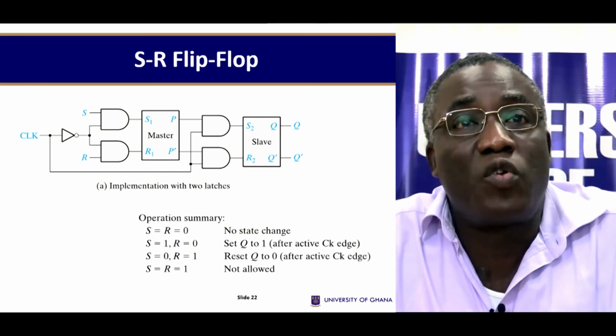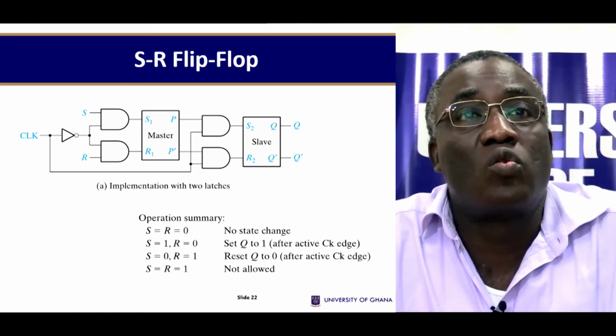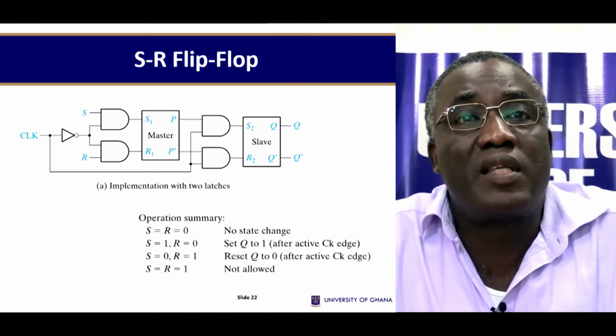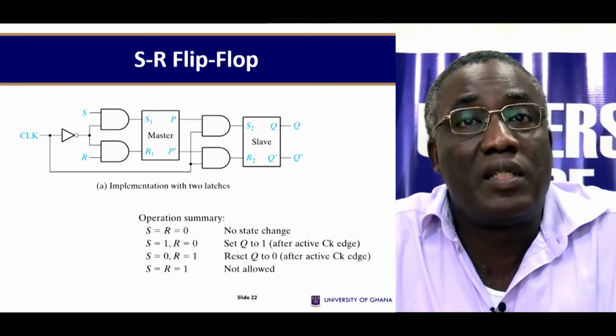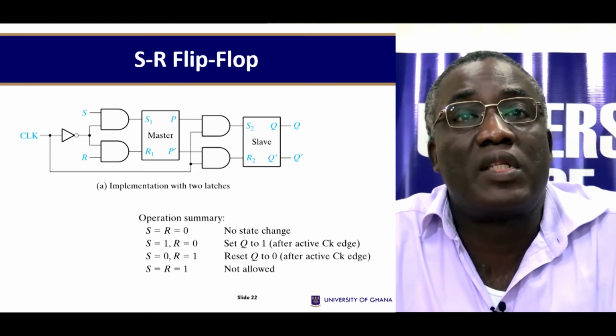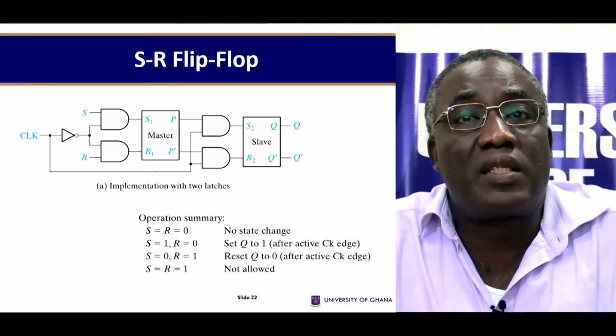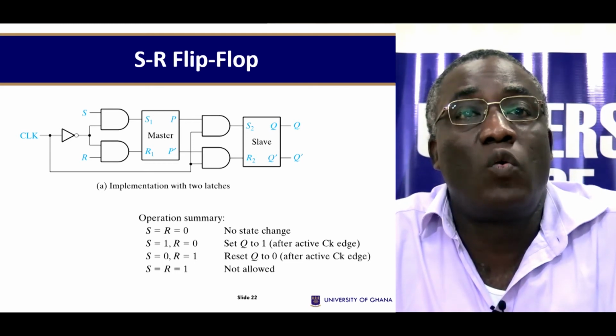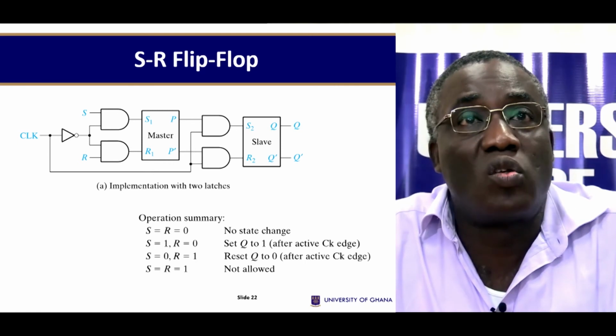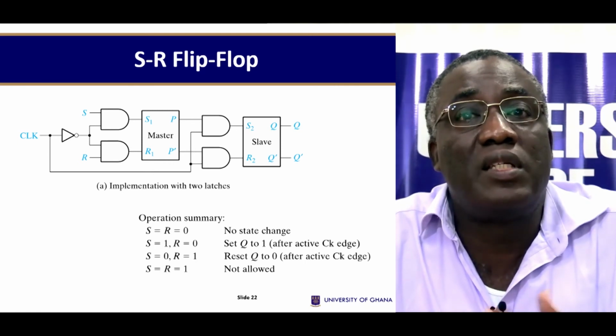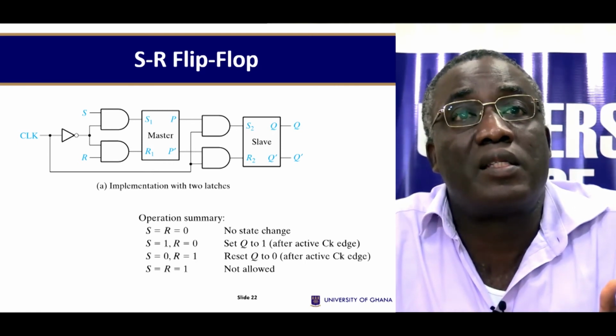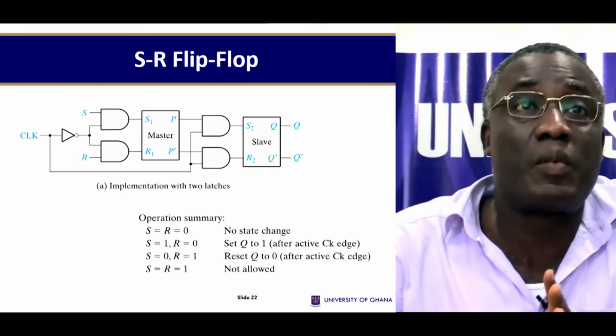So what happens for each of them? To summarize, when the first happens, there's no change in state. When the second happens, it sets Q to 1, and when the third happens, it resets Q to 0, and the last state is not allowed. So this is how the S and R flip-flop operates in summary.